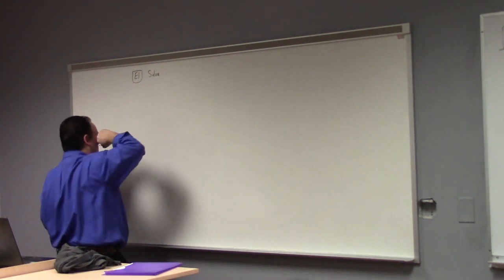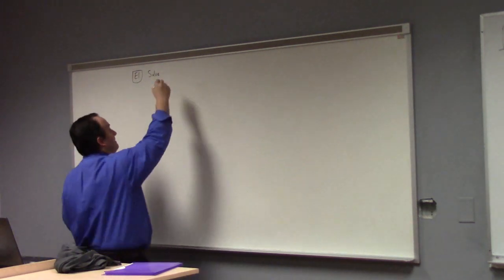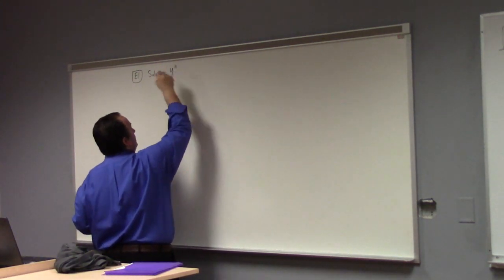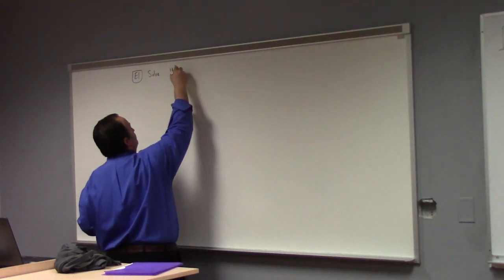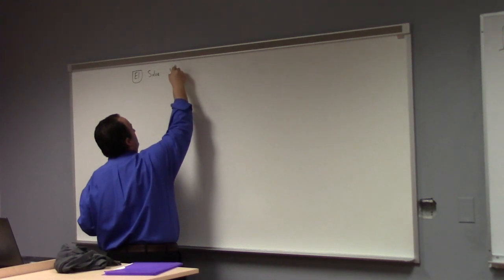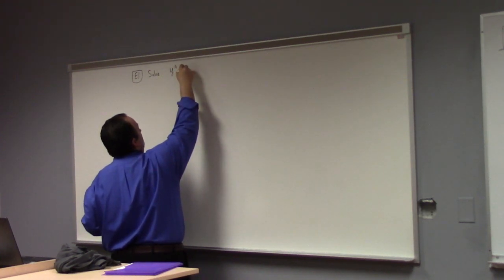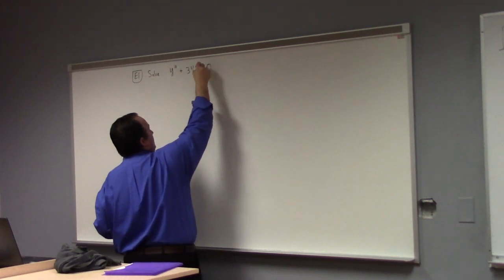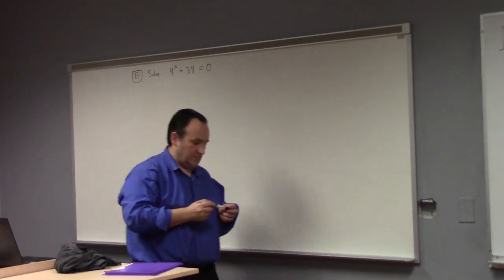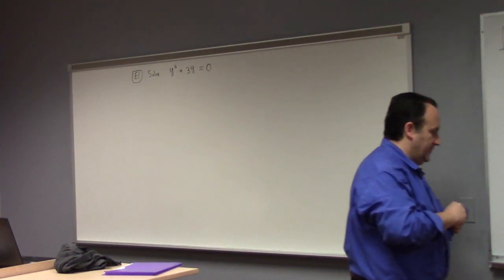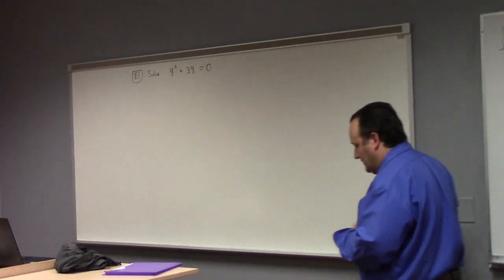Suppose we want to solve, let's say, y prime prime plus 3y equals 0. I want to show you how we can solve this using power series methods.